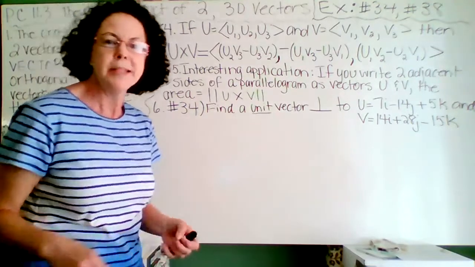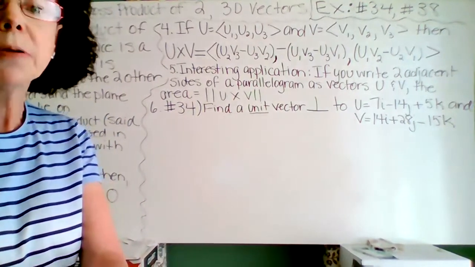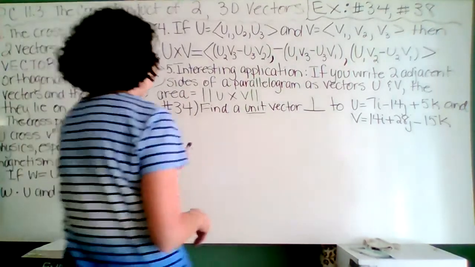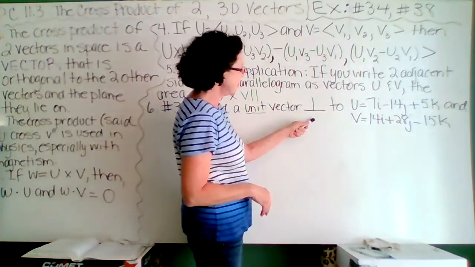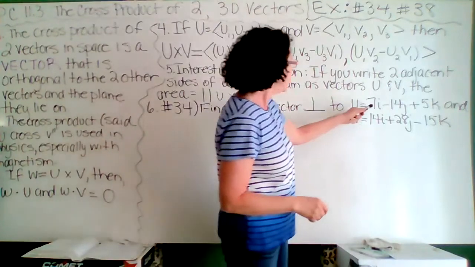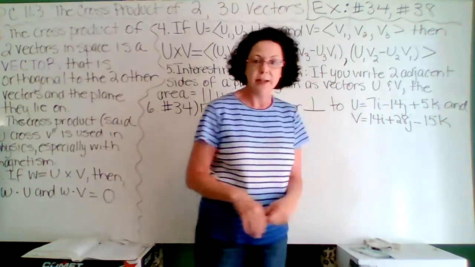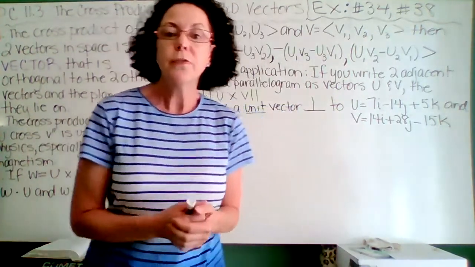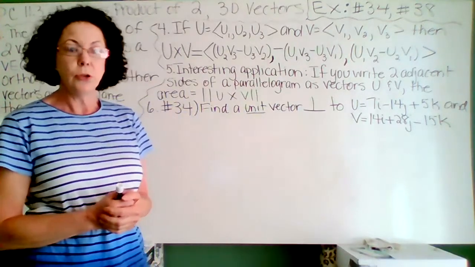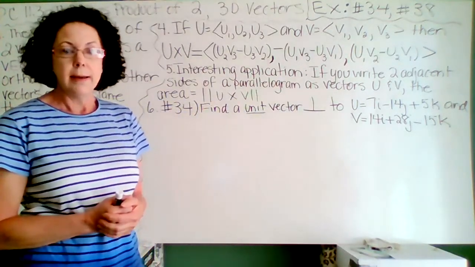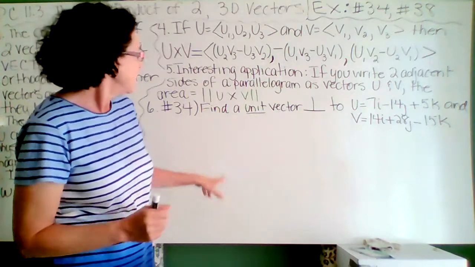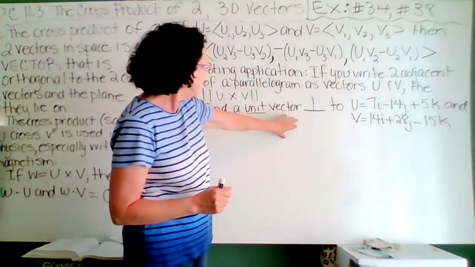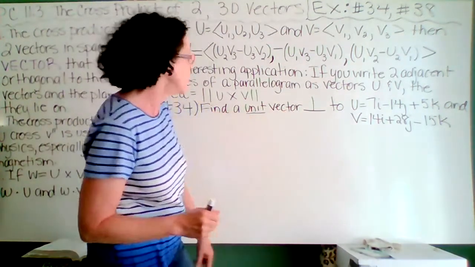Just something different, right? So problem number 34: find a unit vector perpendicular, or orthogonal, to this vector U and this vector V. The first thing we're going to do is U cross V, to get that vector that is orthogonal to these 2.